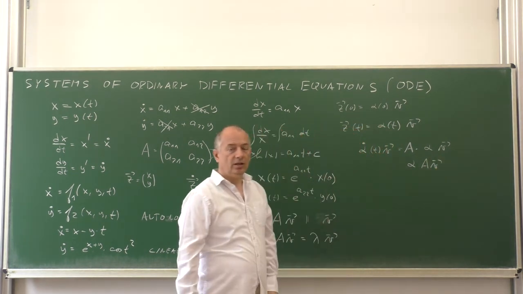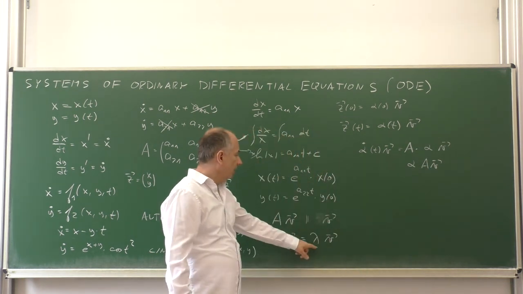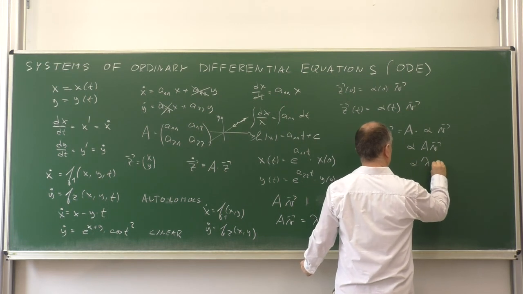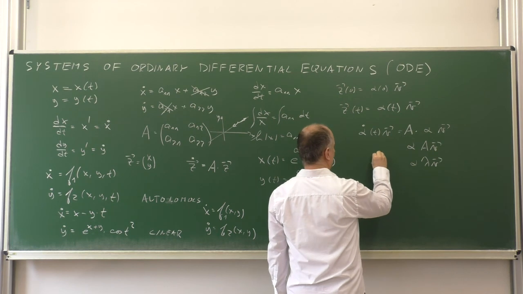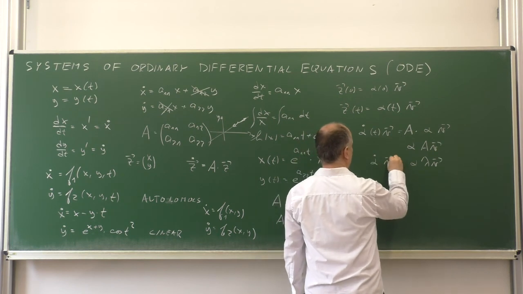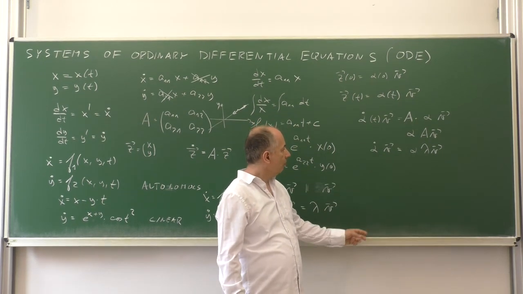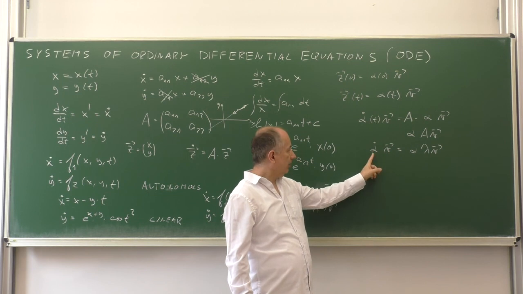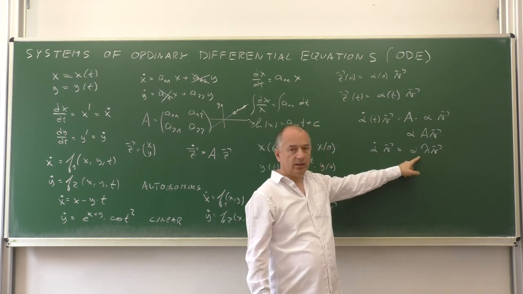But v is the eigenvector, so Av is lambda v. And we have the equation that alpha derivative times v is alpha lambda v. So this vector multiplied by a number is equal to the same vector multiplied by this number.